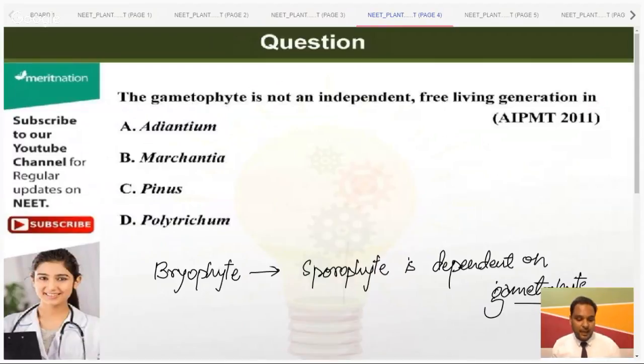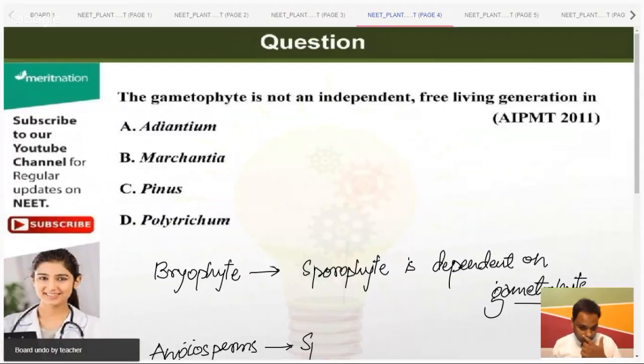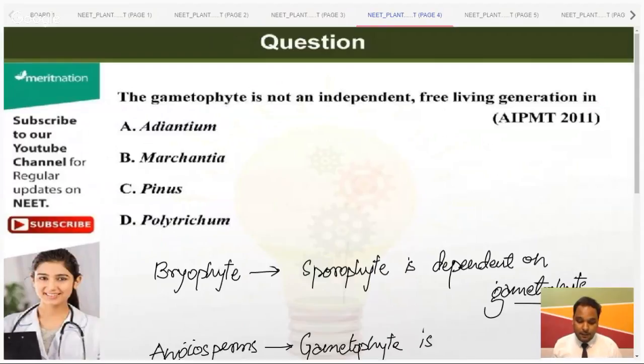But if you see angiosperms, it's opposite. The main plant body is sporophyte. Right? And the gametophyte that is there in the flower is completely dependent on sporophyte. So it is opposite here: gametophyte is dependent on sporophyte.